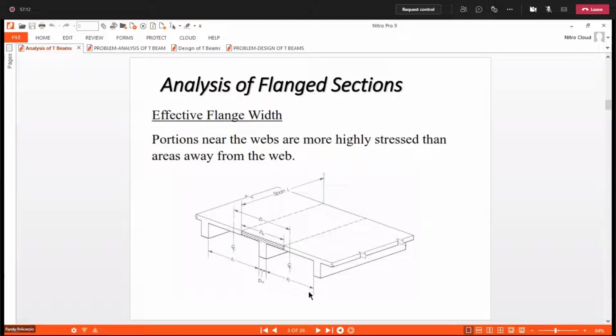And then on this side, yung clear span dito ay S2. So we will consider 1/2 of S2. So S1 over 2 plus S2 over 2 plus BW. So that is about the center to center spacing, no?